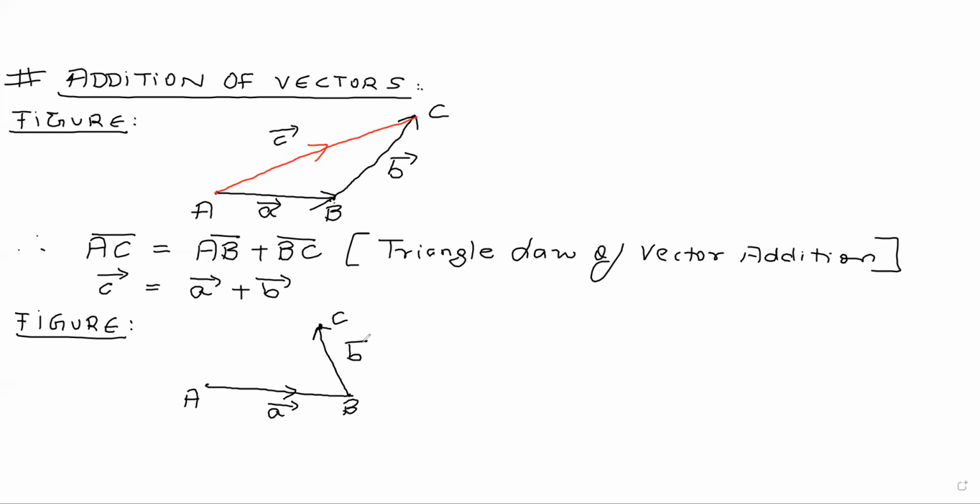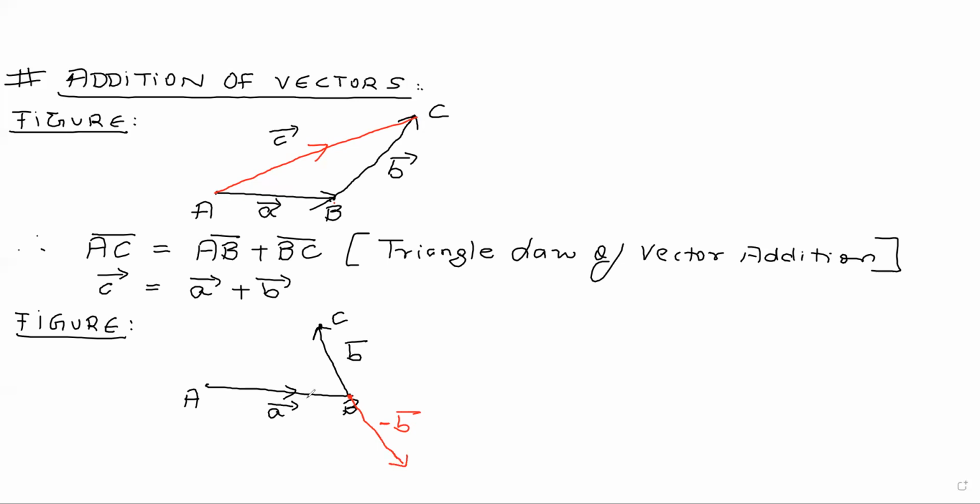Minus B will be a vector in the opposite direction. From B, if I draw a vector with the same magnitude but in the opposite direction, it's called minus B. You have just done the concept of the negative of a vector: that vector which has the same magnitude as the initial vector but opposite direction. So the negative of vector B is the vector in red, you can see.